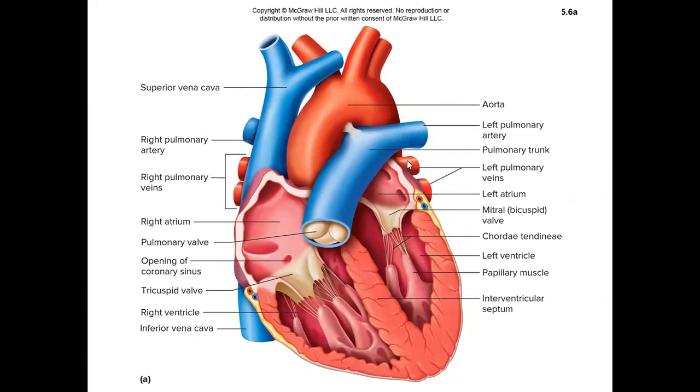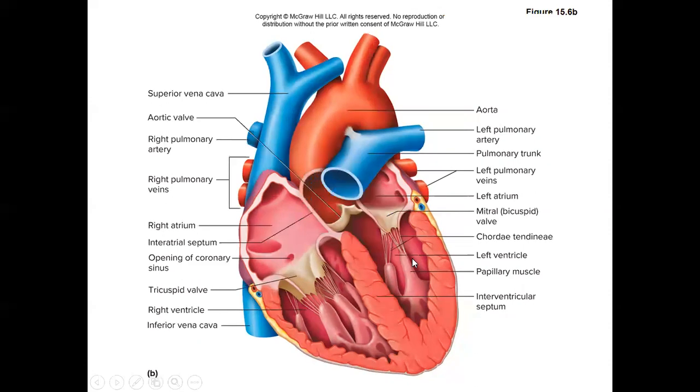That blood is going to come back through the pulmonary veins into that left atrium. From the left atrium, it'll get pushed into the left ventricle through the mitral valve, which is also called the bicuspid valve. From the left ventricle, it will go into the aorta through the aortic valve.